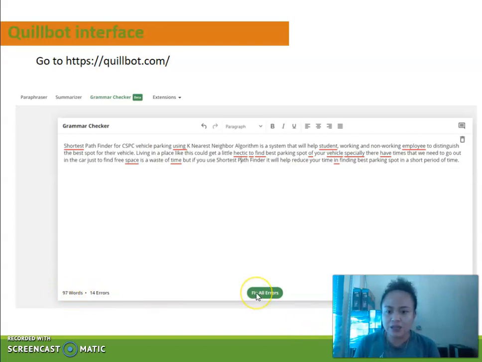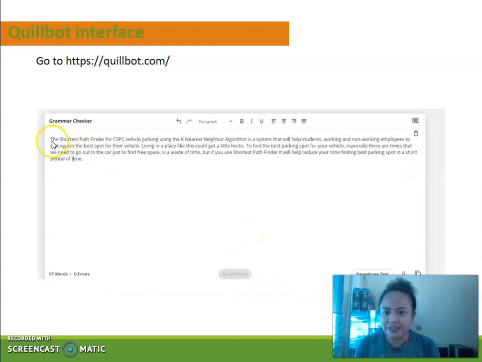By clicking fix all errors, tandaan natin muna yung magiging changes. Shortest, sabi niya, mayroon daw siyang suggestion for this word, shortest, using student and employee. So, I now have the shortest.